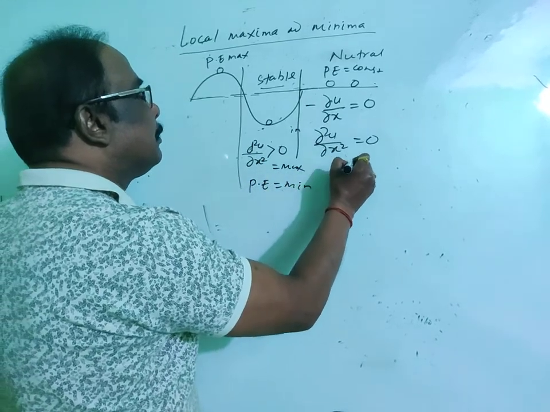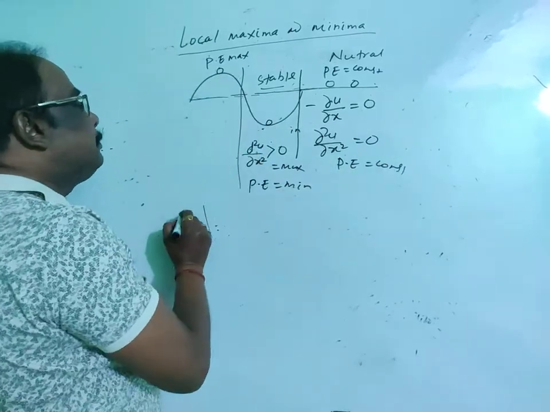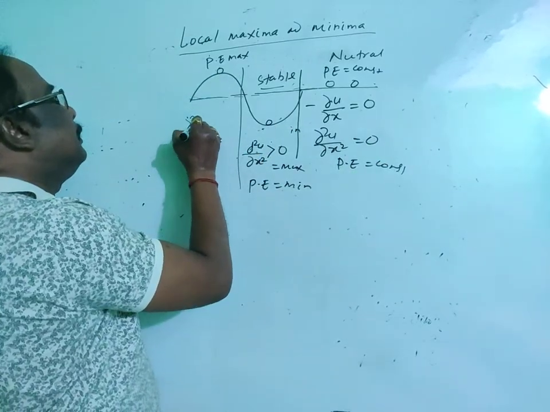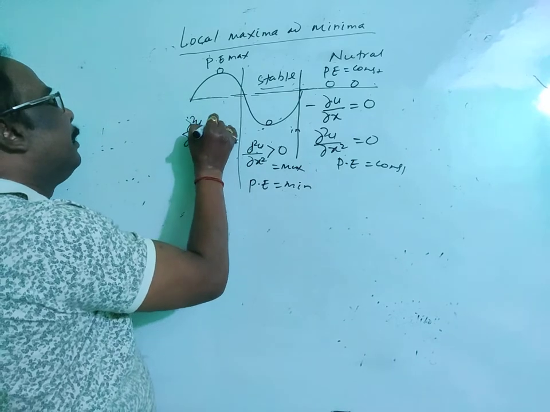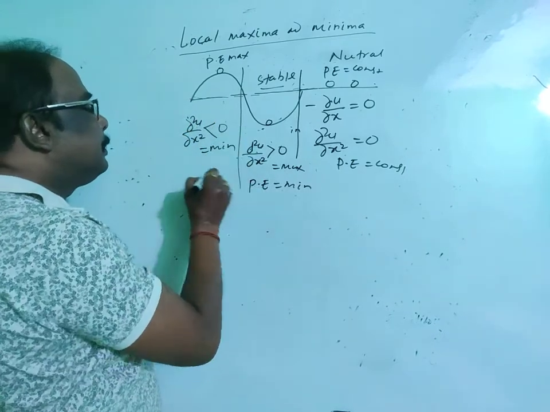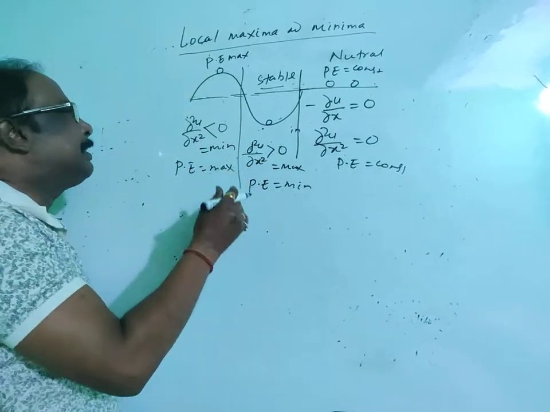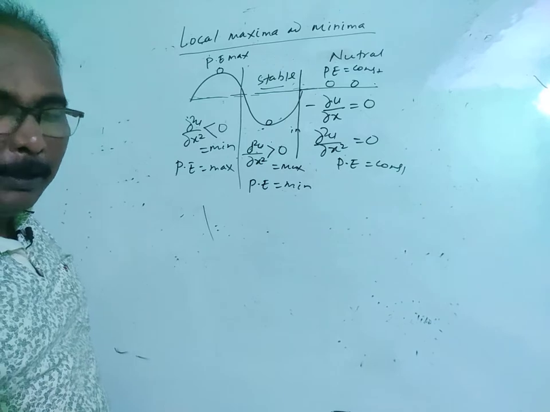Here potential energy is constant, and this is maximum potential energy. d square u by dx square is less than 0 means potential energy is maximum. So this is unstable equilibrium. Is it clear?